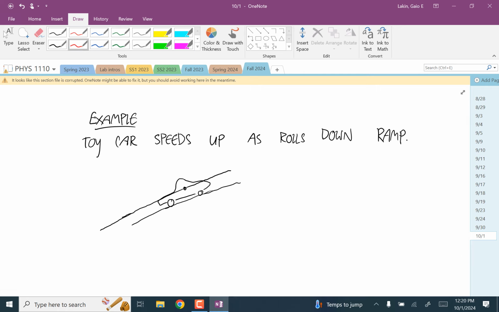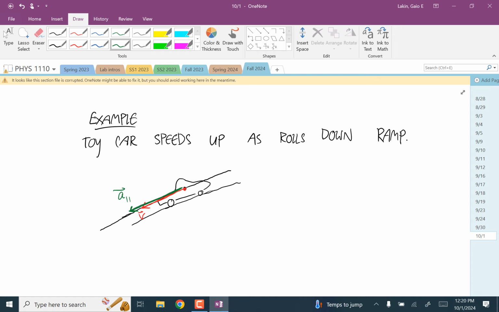It's rolling down the ramp, so the velocity vector is this. Is it speeding up or slowing down? Speeding up. So A parallel is in the same direction as the velocity. Is it turning? No, so there's no A perpendicular.